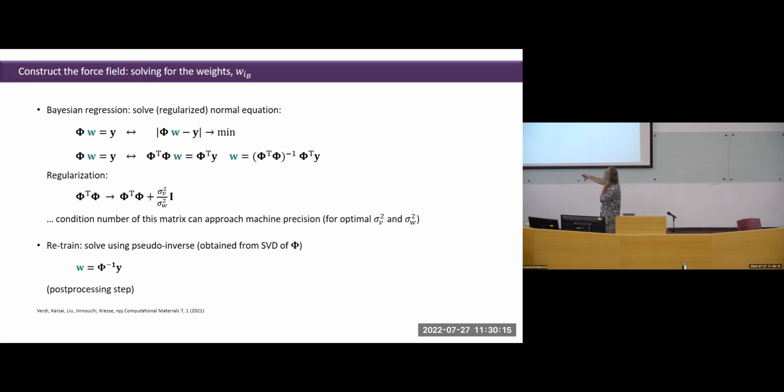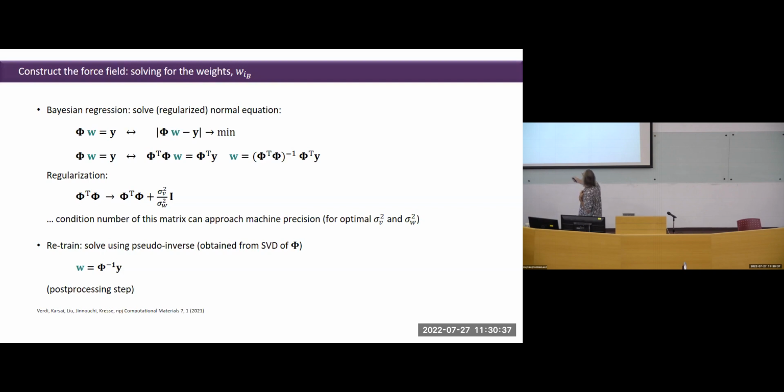Now the problem is that many times this matrix here has eigenvalues that are very close to 0. So this needs to be regularized, and the regularization is done by adding something on the diagonal.